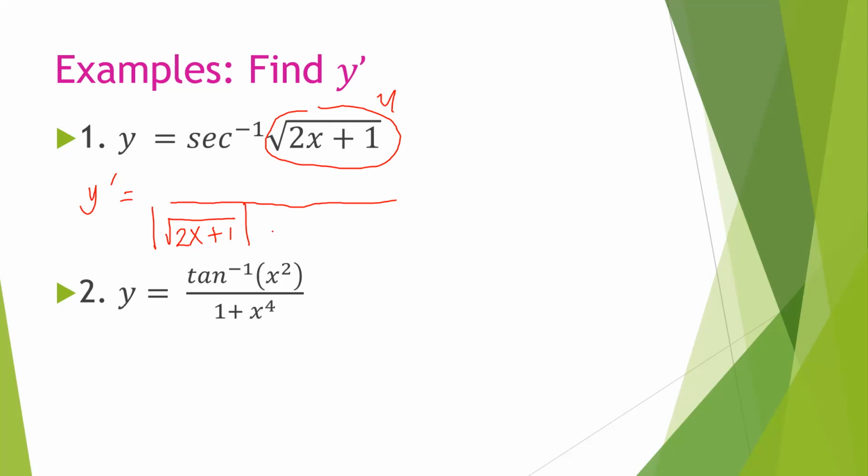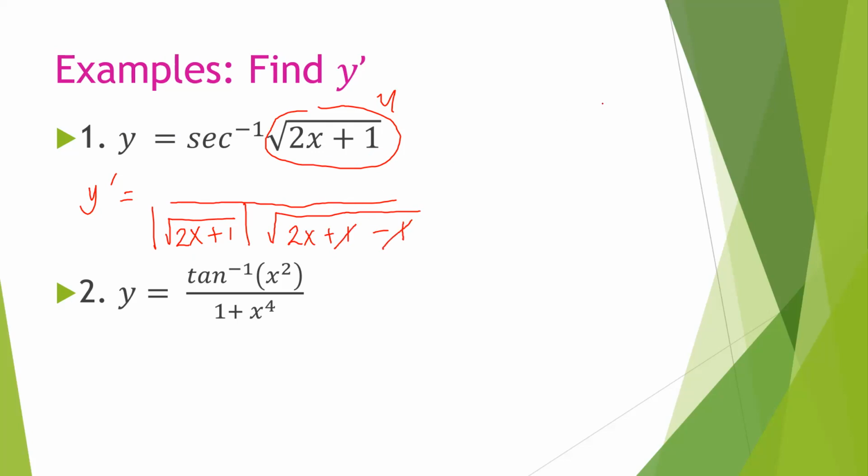Then in the denominator, we have the square root of u squared minus 1. When we square this, the radical disappears. So you have 2x plus 1 minus 1, and the 1 minus 1 will cancel out.